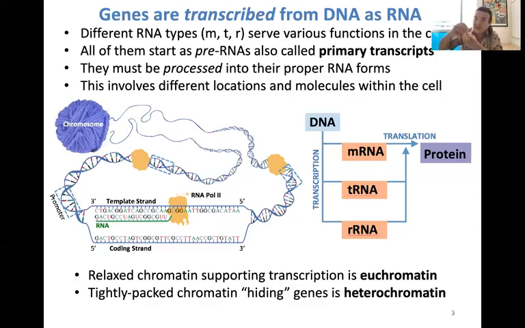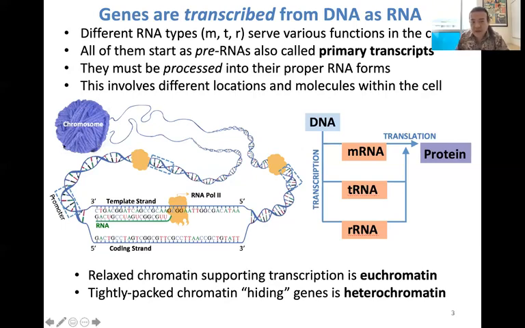But importantly, by wrapping it up, we also provide a way for the cell to control what regions of the chromosome, right, what stretches of genetic sequences or genes are available at a given time in order to be transcribed and made into the protein product that they code for.